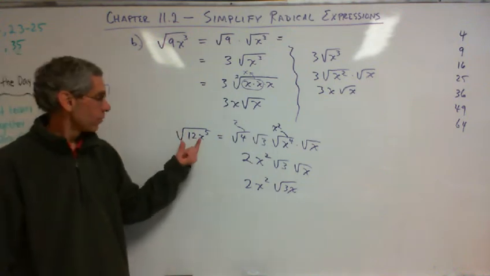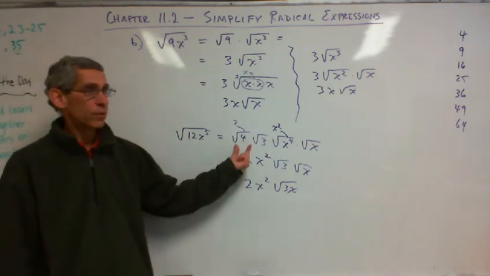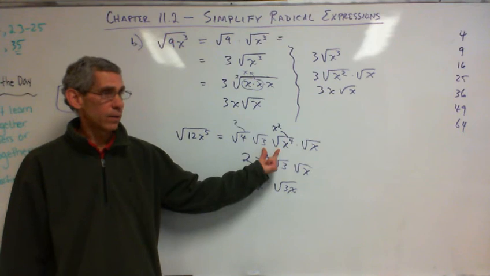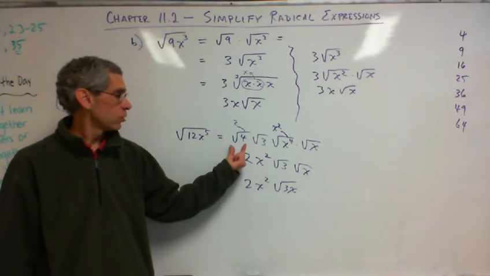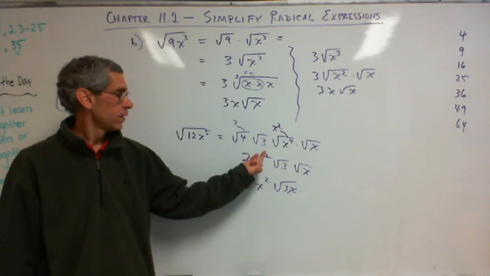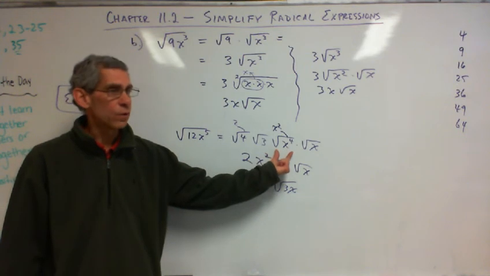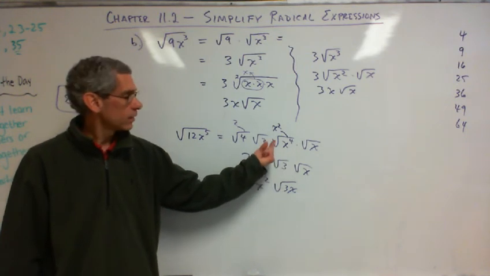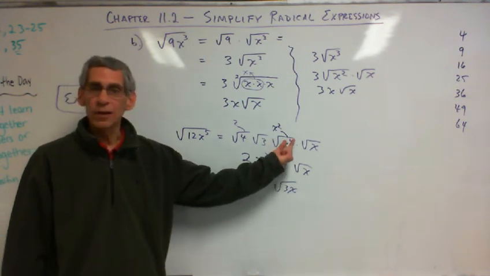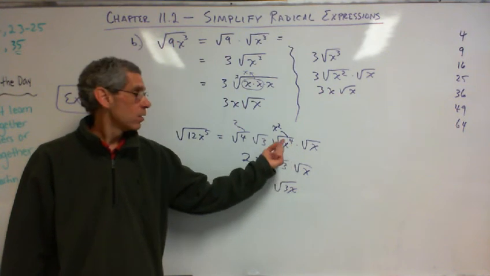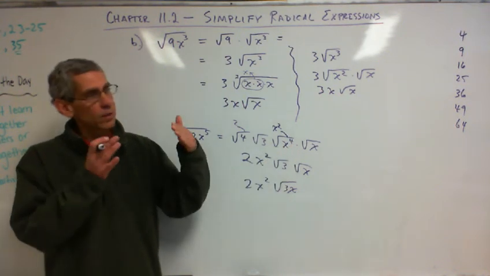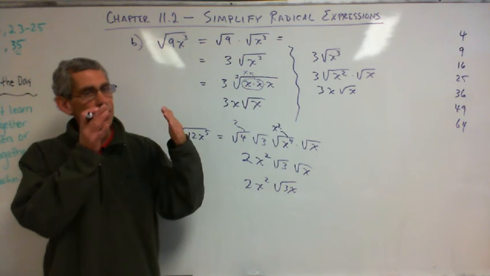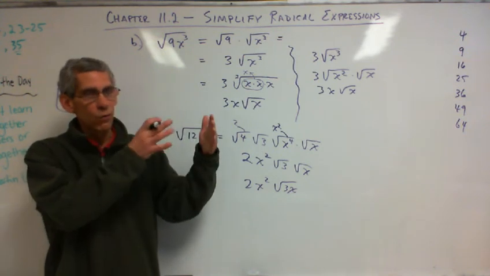Alright, let's look at it. The square root of 12 is the square root of 4 times the square root of 3. The square root of 4 is 2, so now I've got 2 times the square root of 3. The square root of x to the 4th: the square root of something with an exponent is that something with half of the exponent. Think about it: x squared times x squared is x to the 2 plus 2, which is x to the 4.